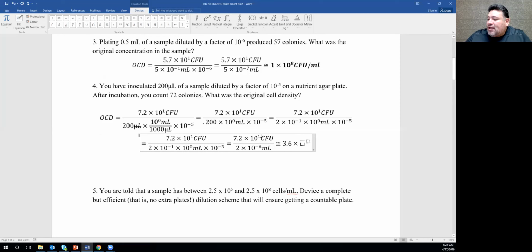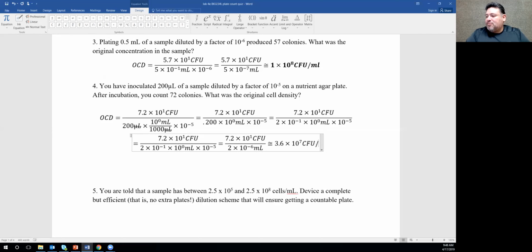Well, this is going to be a 1. And remember, we subtracted denominators, so it's going to be 1 minus a -6, which is the same as 1 plus 6. 1 plus 6 is 7, so that's 10 to the 7th, and the units are going to be colony-forming units per milliliter. And that's our answer. Okay?